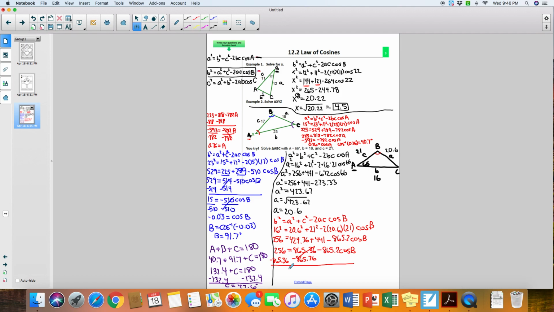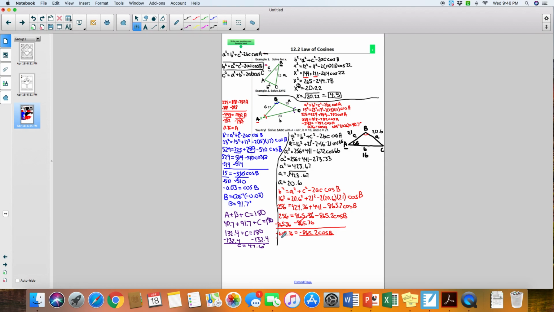All right, so that will cancel out, and 256 minus 865.36 would give me negative 609.36. Then I bring down my negative 865.2 cosine B. Then I would divide.